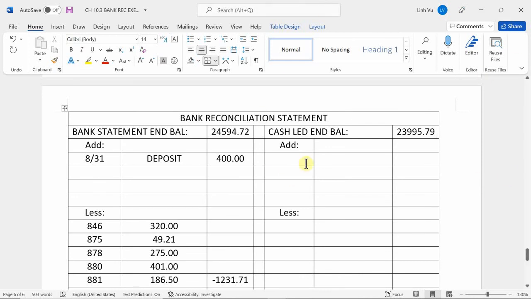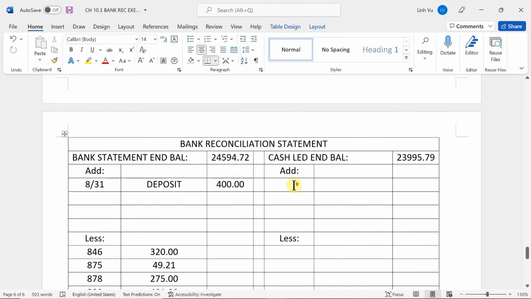So in this case, what do you need to add into your check ledger or your cash ledger? We need to add, who is we missing, right? What are we missing? We miss, like how many we miss.